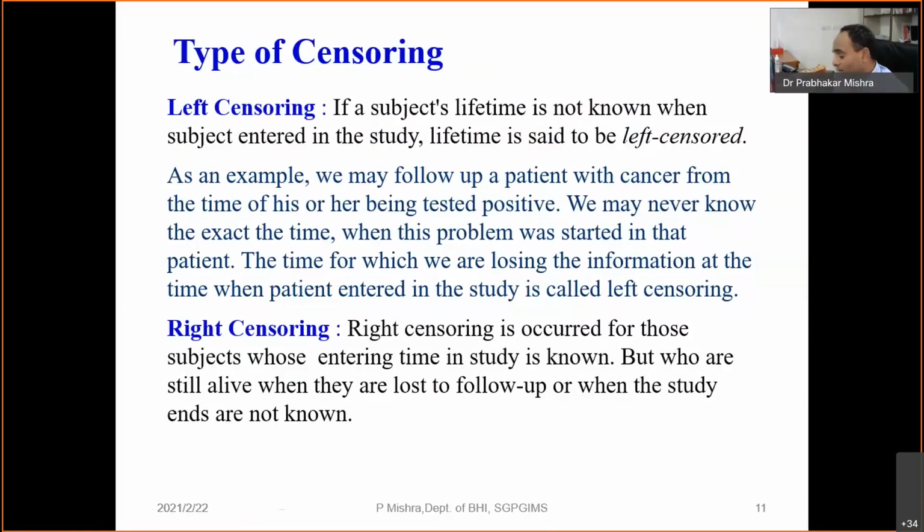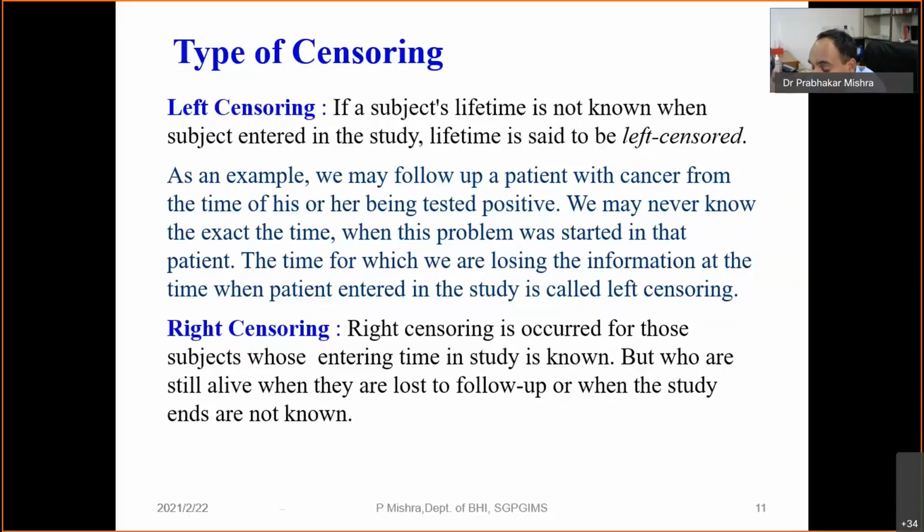But we actually don't know when this patient developed the cancer. It might be that the patient developed cancer 1 year before, 2 years before, 1 month before, or 5 years before. Anything might have happened. But unfortunately, we are unable to find out when that patient actually developed the cancer.